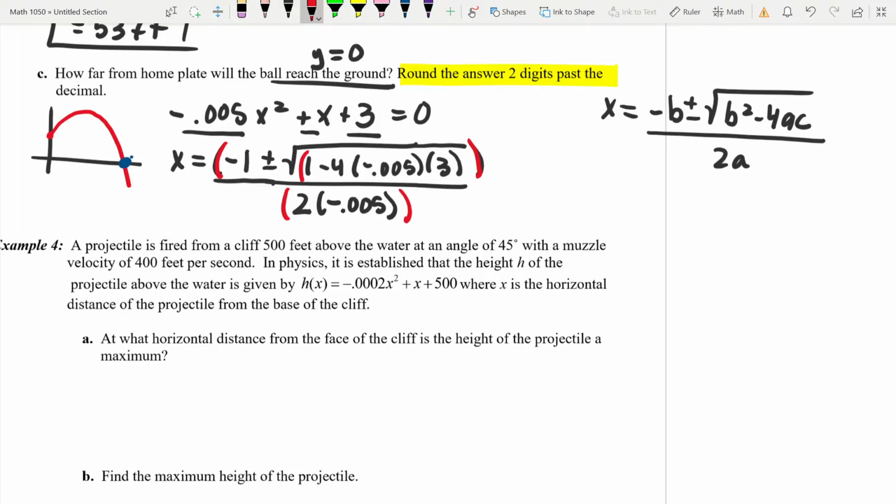Then I want you to type in 1 minus 4 parenthesis, -0.005, close it, new parenthesis, push a 3, and then I want you to freeze. I want you to figure out how many times we have to close it. The first time I close it, I'm closing the what? The 3. The second time I close it, I'm closing the what?